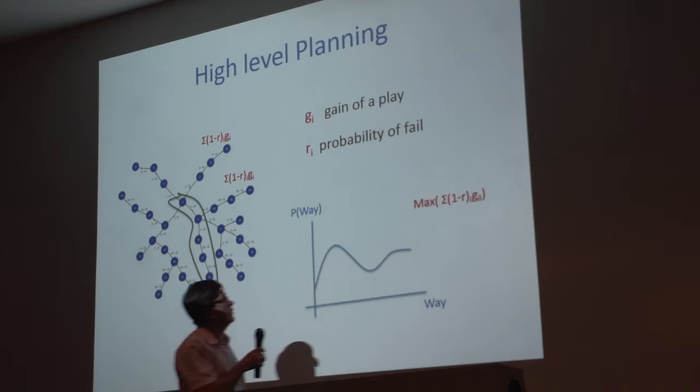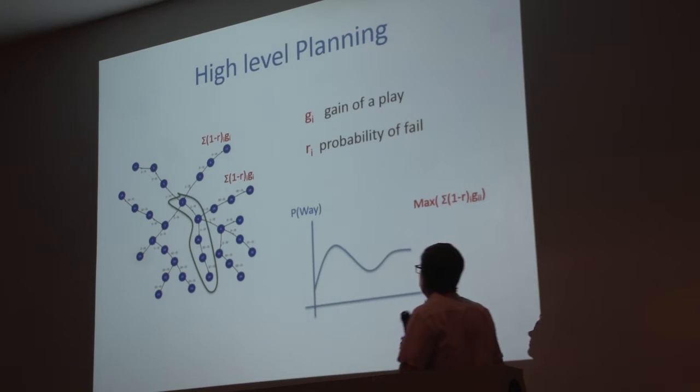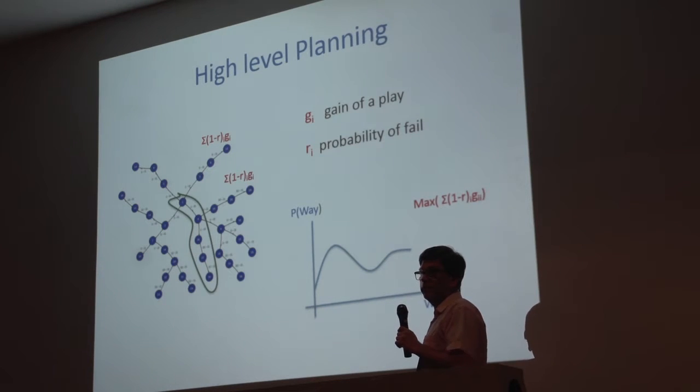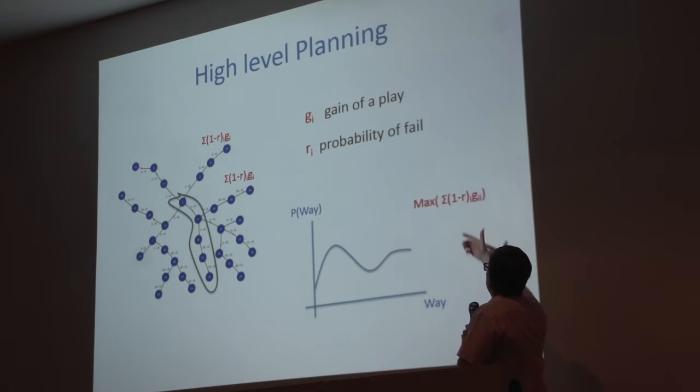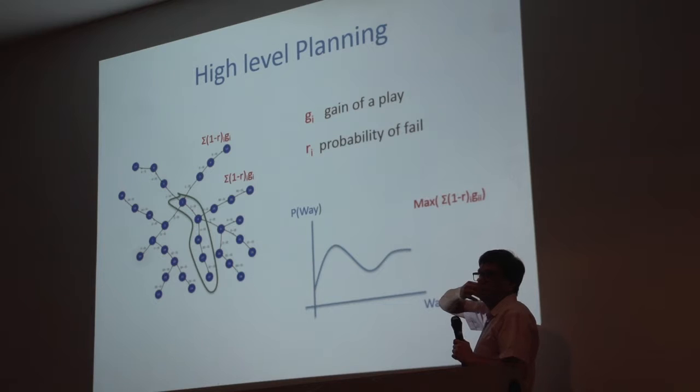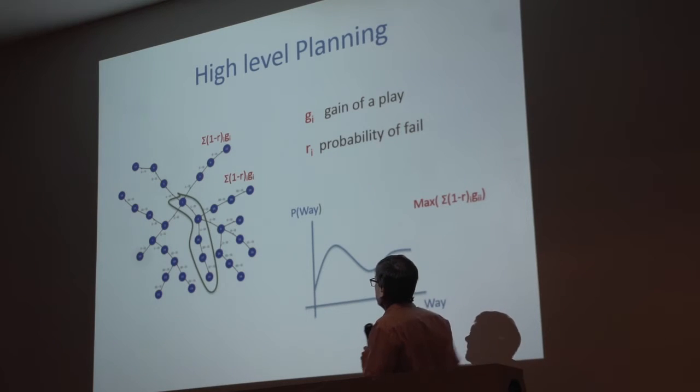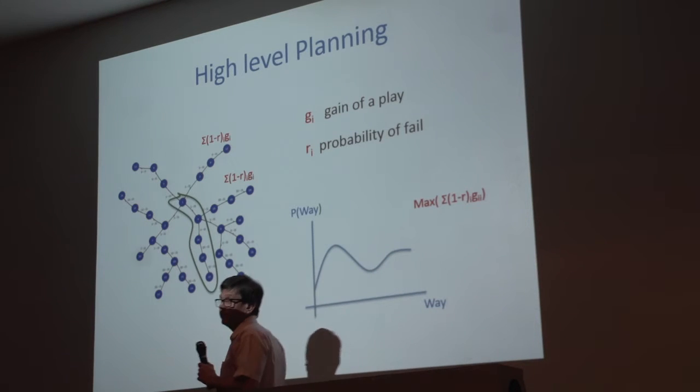Hence, what you do is an optimization. Each way, beginning from the choosing node as from the match, we'll do this kind of measure here. We'll take the inverse of the risk multiplied by the gain. And you want to maximize that. The way that maximizes that information will be the chosen way.